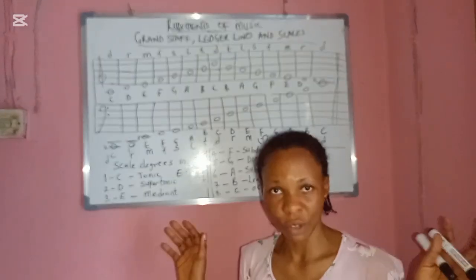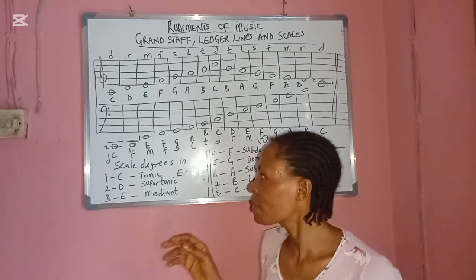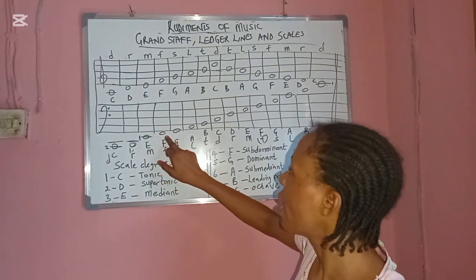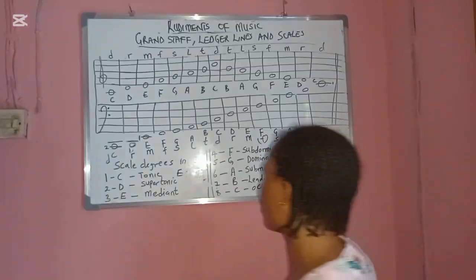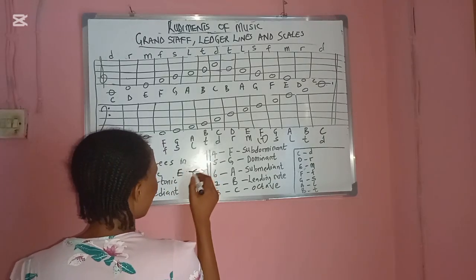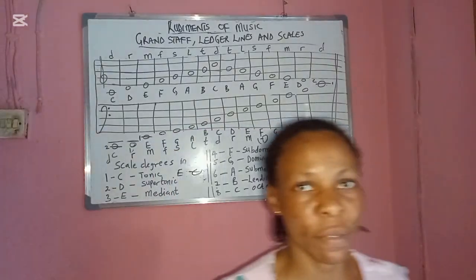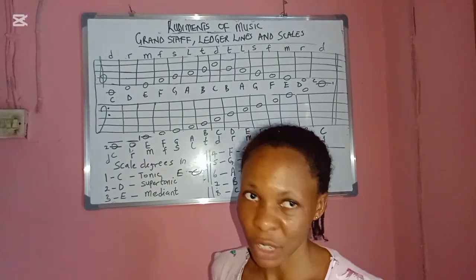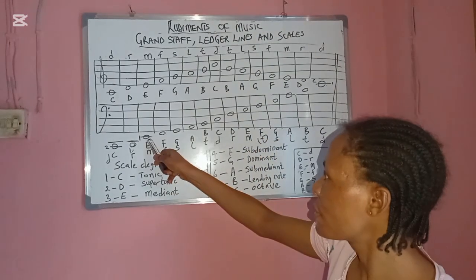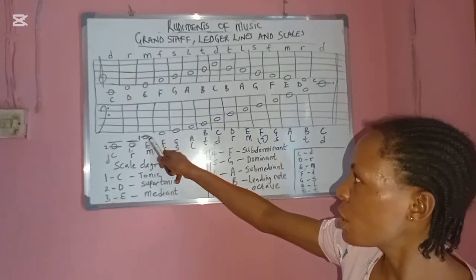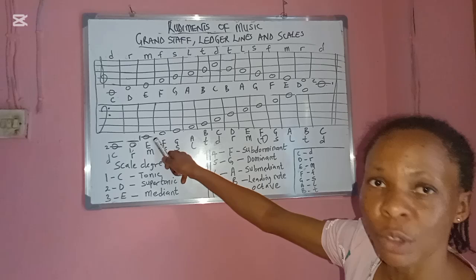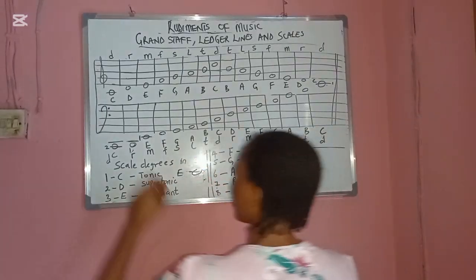They are all different notes, different letters. So before F, we have E. And that E is the first ledger line below the bass clef. And before E, there must be a note on a space. Now this is the line.